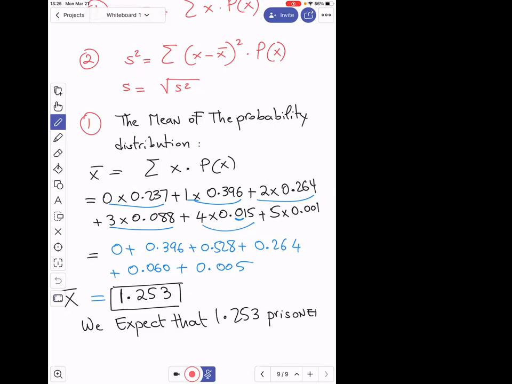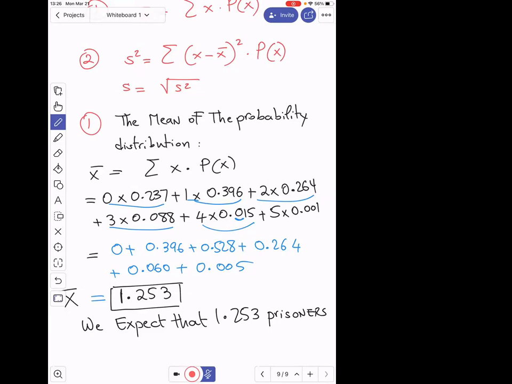Of course, there's no such thing as 1.25 prisoners, but it's a number which is kind of close to 1.